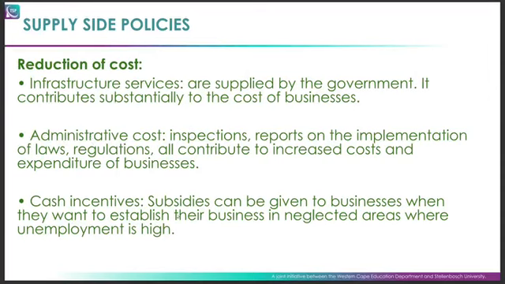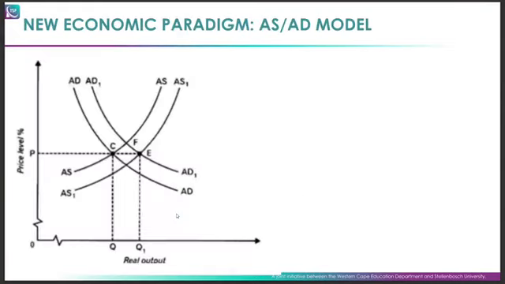Now, just to show you by means of a graph, and we refer to this graph as the ASAD model, right? Aggregate supply and aggregate demand. Now, please note, here we've got our price and we've got our output, right? That you should know. So this is just a normal demand and supply curve.